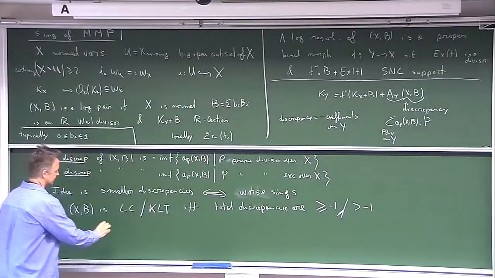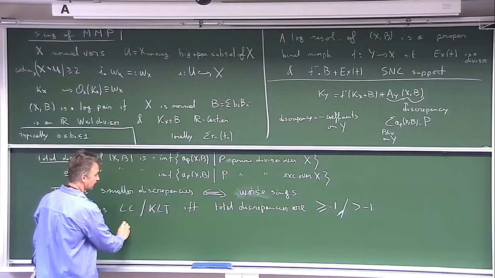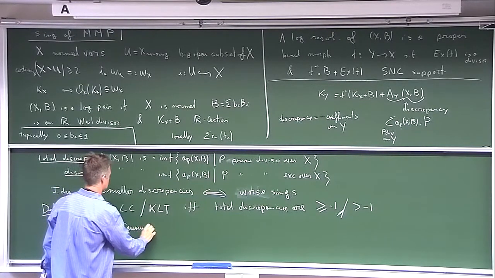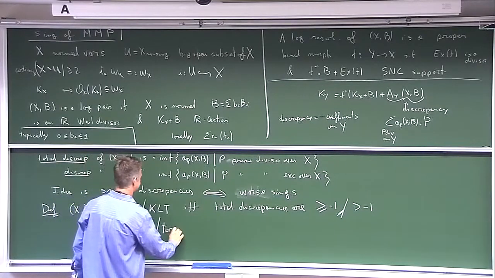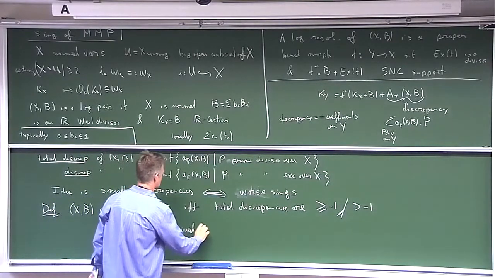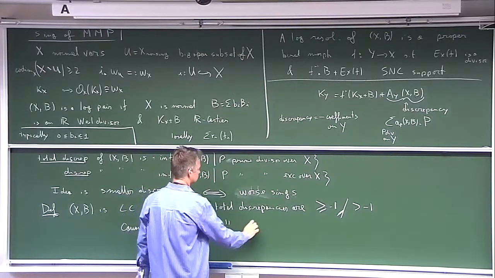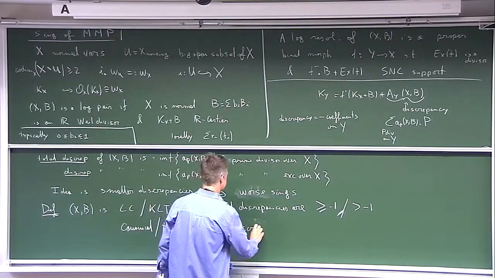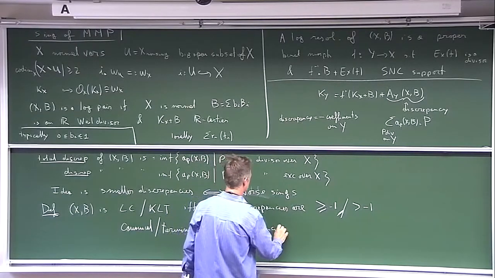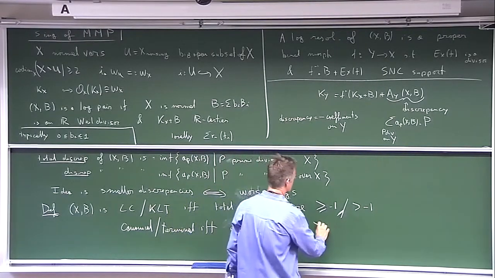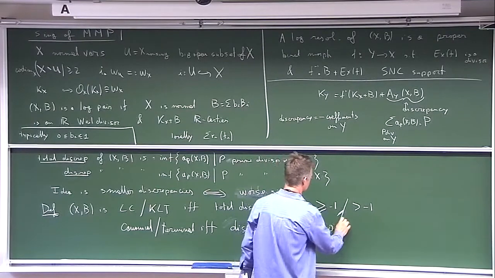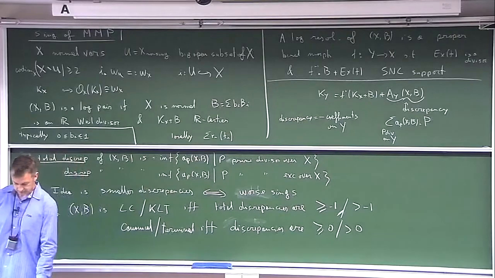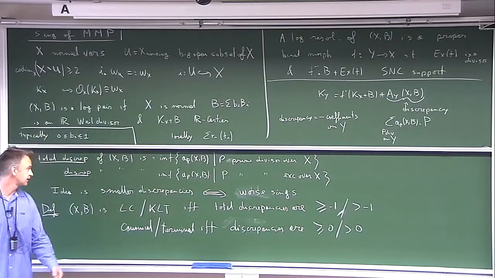And we say that this is canonical, respectively terminal, if and only if the discrepancies are greater than or equal to 0 and strictly greater than 0. Okay, so those are definitions.